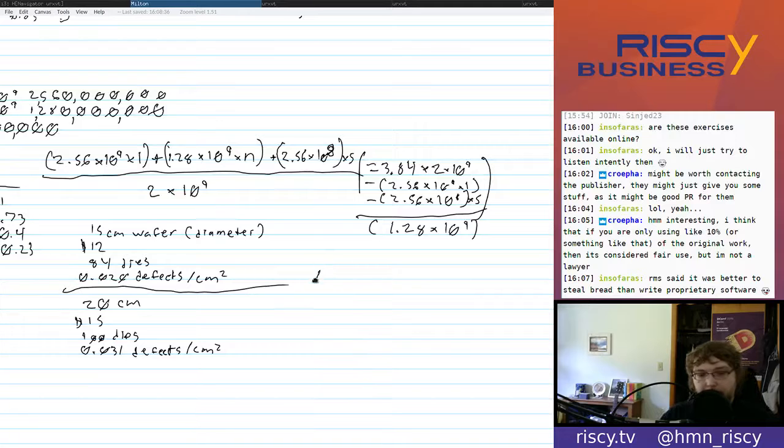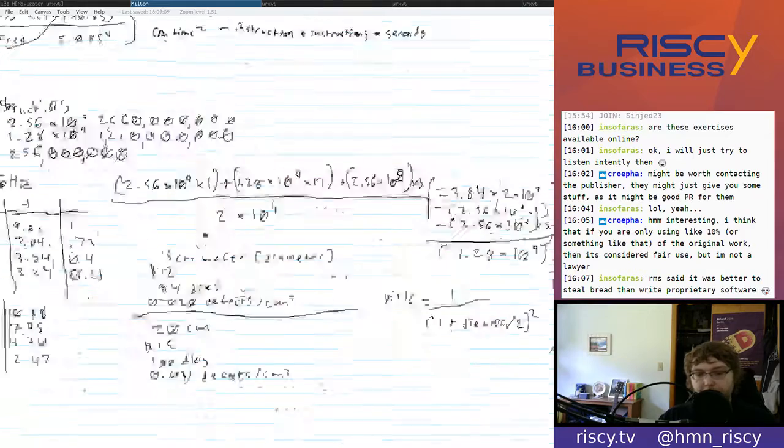So yield, let's see if I can remember this. 1 over 1 plus die area over 2 squared. Something like that.